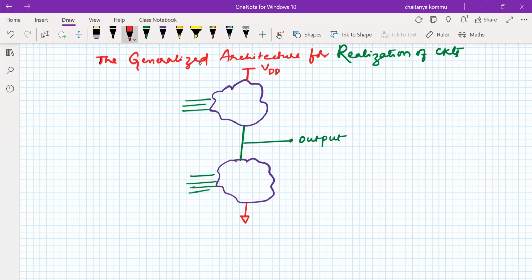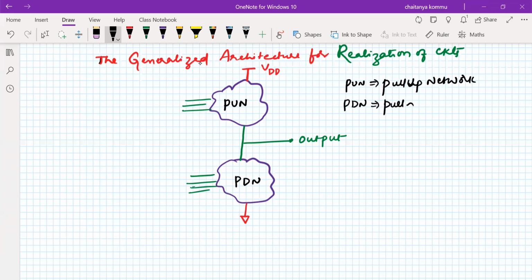The network connected to VDD is called the pull-up network, PUN. The other network is called the pull-down network, PDN. This is how we normally call them.